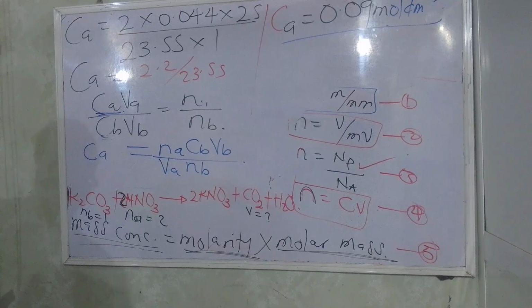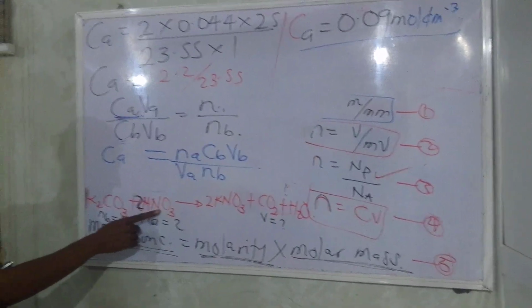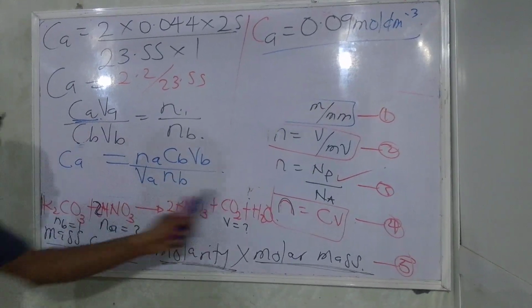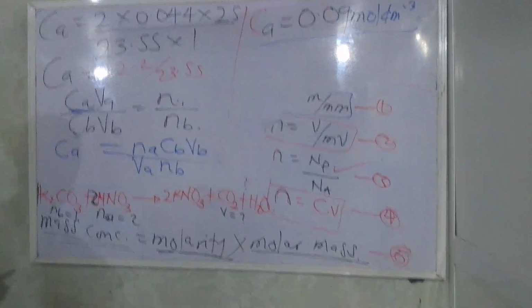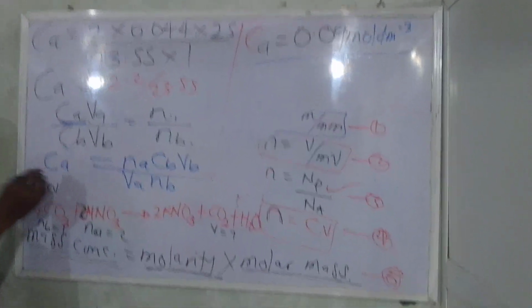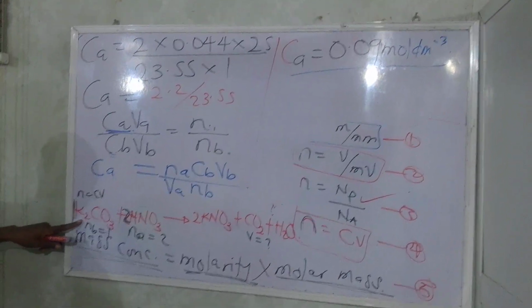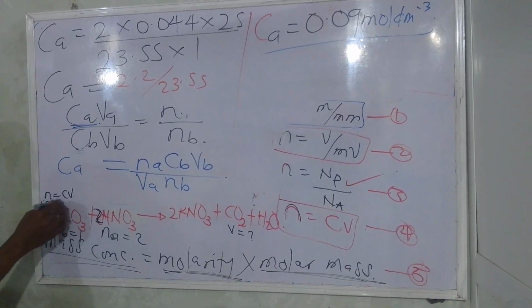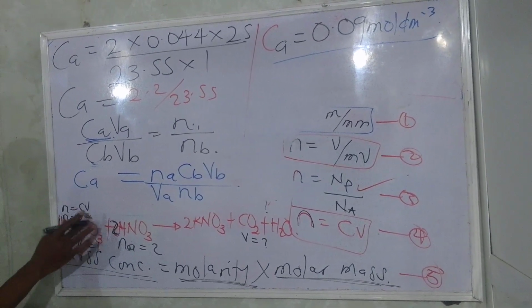But do you know that I already know information about these two? Because I know information about any of them, I can get the number of mole of everybody. For example, for this one, number of mole equals CV. Do I know the concentration of K2CO3? Yes, 0.044.